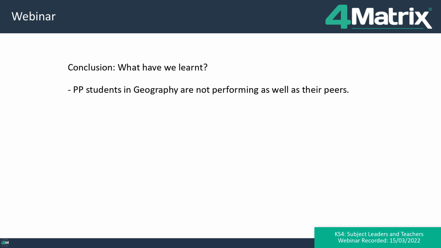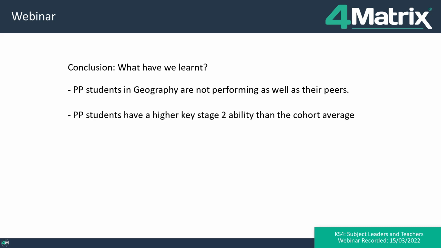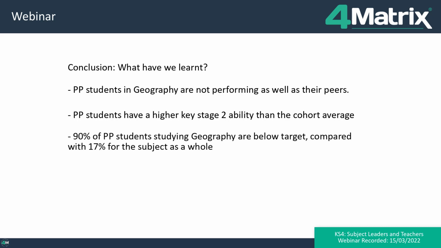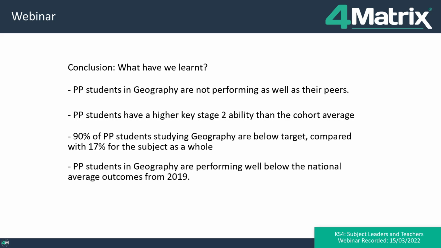Other points of note are PP students have a higher Key Stage 2 ability than the cohort average. 90% of PP students studying geography are below target, compared with 17% for the subject as a whole. PP students in geography are performing well below the national average outcomes from 2019.